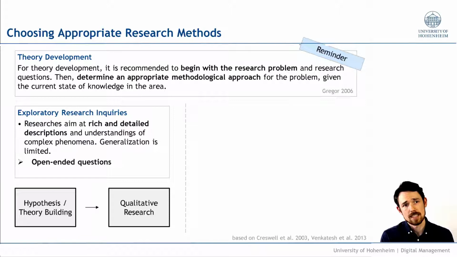This type of research inquiry lends itself well to hypothesis or theory building. In other words, to find out what might be new phenomena, new relationships between phenomena that haven't been previously thought about.